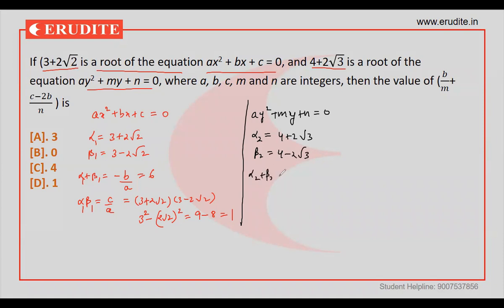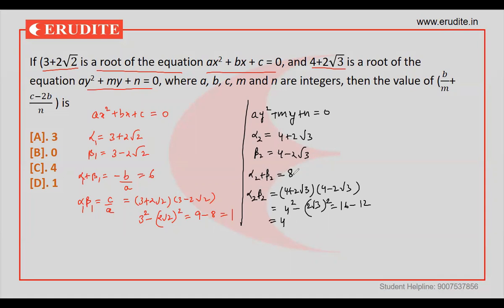Alpha 2 plus beta 2: the 2 root 3 and minus 2 root 3 cancel out, so it will be 8. And alpha 2 into beta 2 is 4 plus 2 root 3 multiplied with 4 minus 2 root 3, which is a plus b into a minus b, so 4 square minus 2 root 3 whole square, 16 minus 12, which is 4.